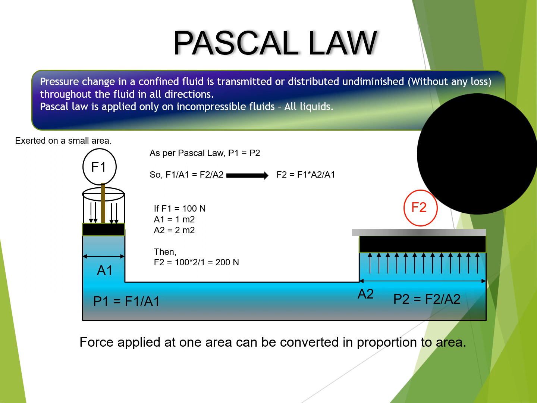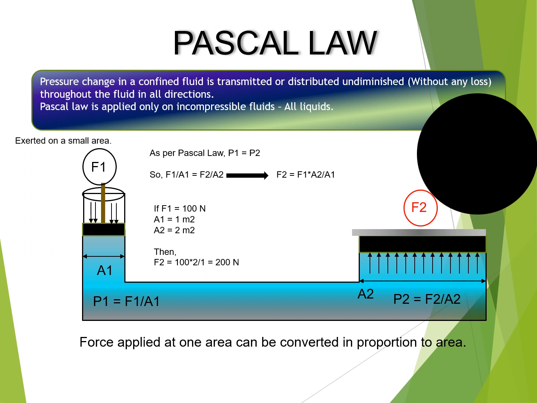What does it show? We applied a force of 100 Newton here. And if we are having a double cross-sectional area on the other side, then we will get a force of 200 Newton. If we double the area, we'll get double the force.